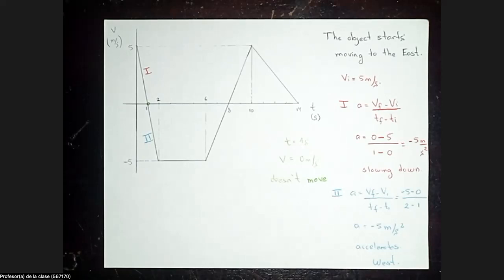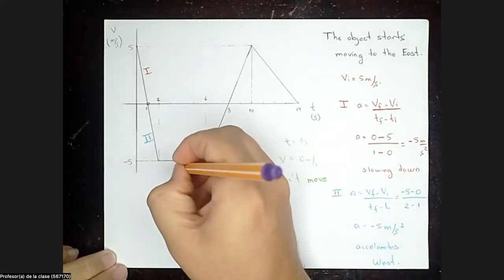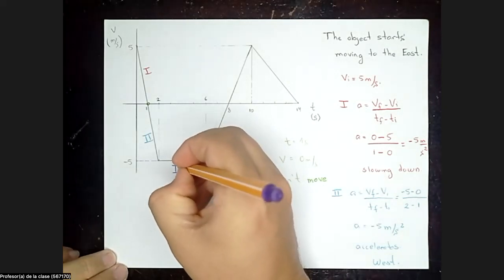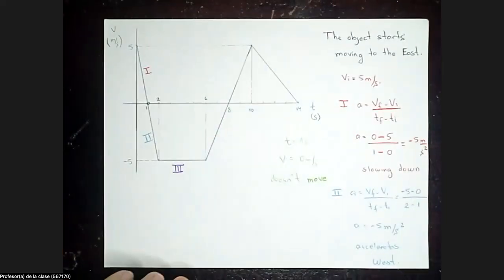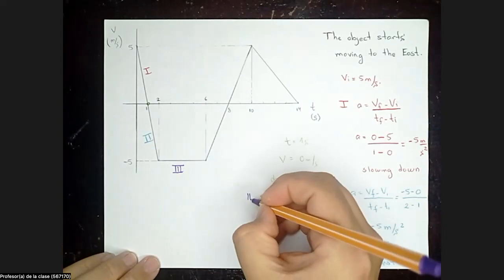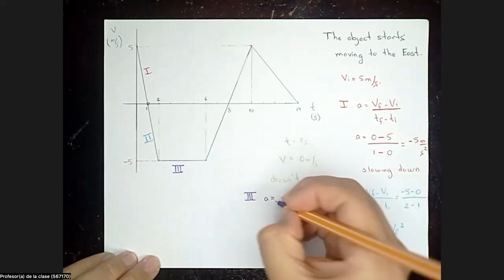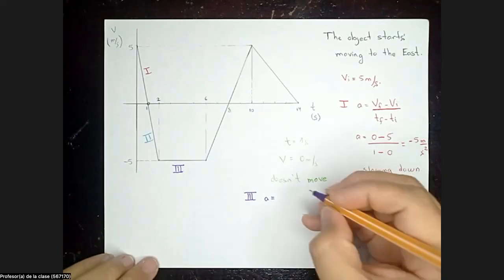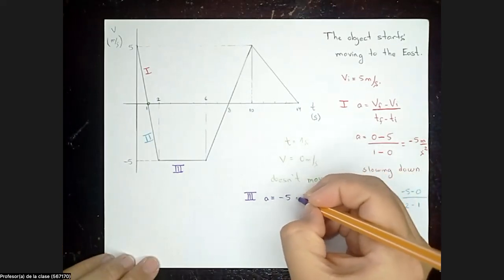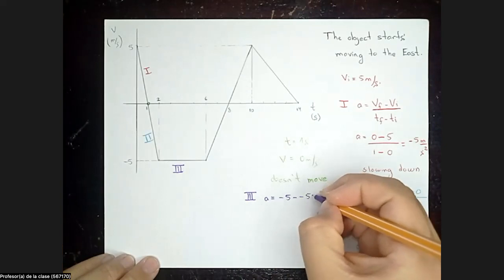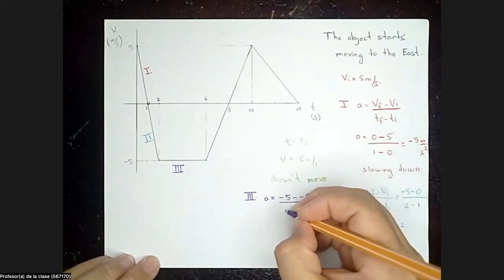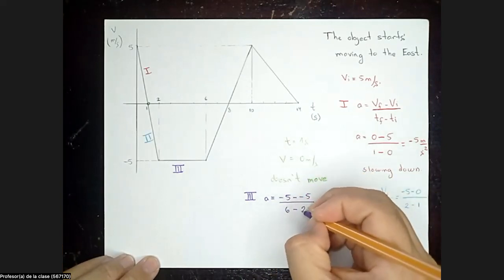And then on the third interval, the acceleration is going to be minus 5 minus minus 5, dividing by 6 minus 2.